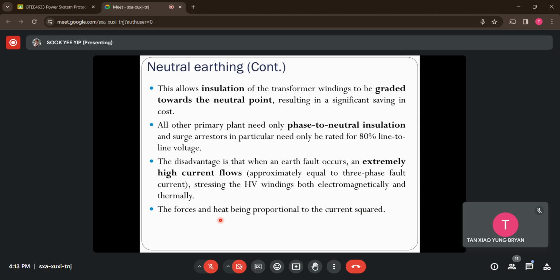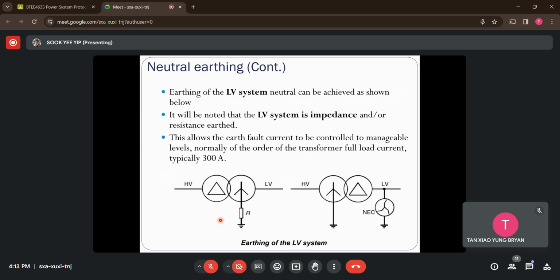Okay, so now let's see the low voltage side, which is the secondary side of the distribution transformer. To perform neutral earthing for the low voltage side of the distribution transformer, there are two ways to do this. Depending on the configuration of the transformer winding, if it's in Y connection, it will be very simple.